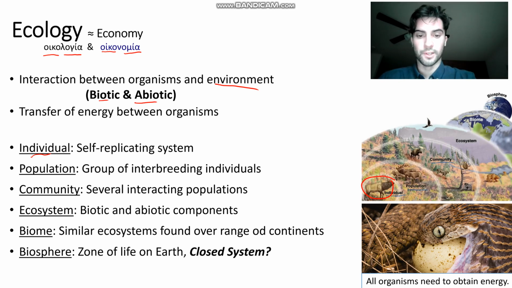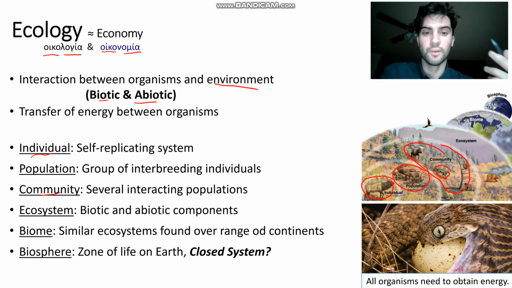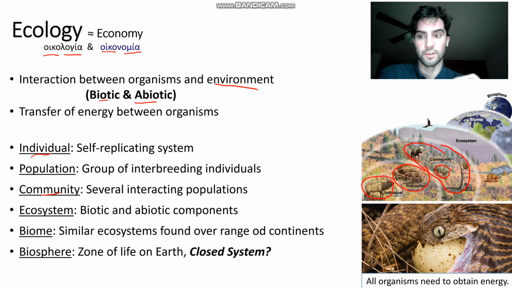Then you have a population, the group of all the same species that live in the same area. Then we have a community, which is interspecific, so we have more species cohabiting, right? We have plants and deer and puma. In a community we have a lot of species that interact with each other, right?